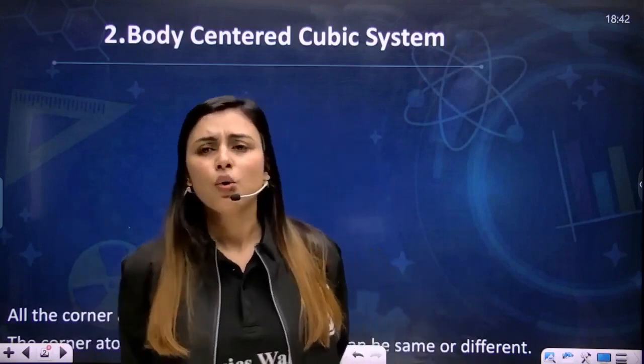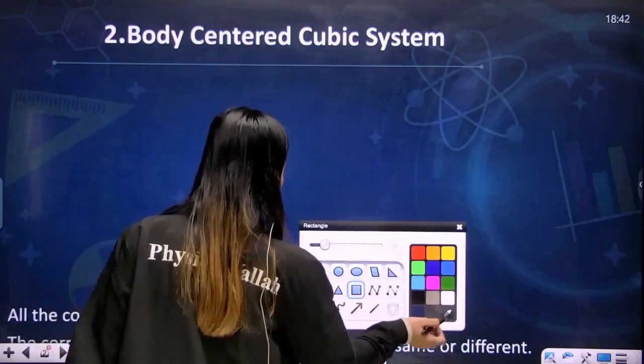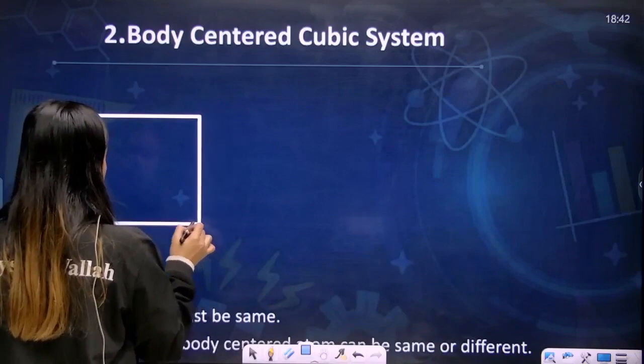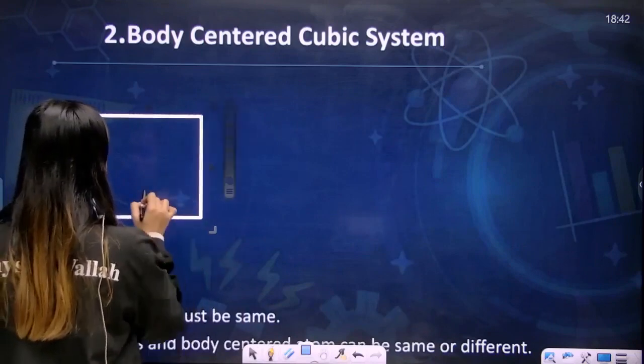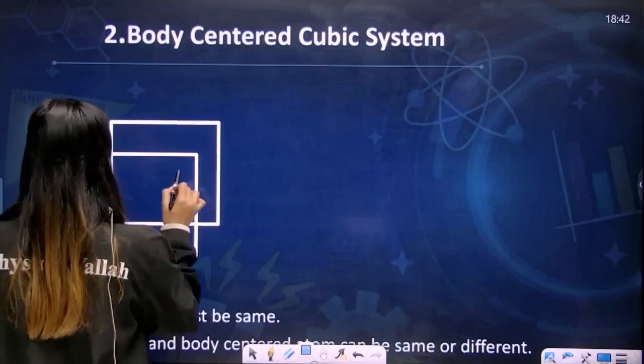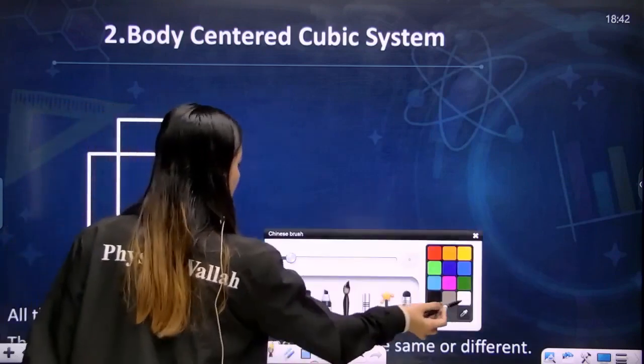So we know that first we have to draw your body centered unit cell. I think this is a square. Okay, so this is your square.